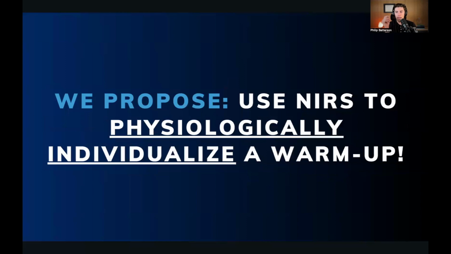So what I'm proposing here is, as opposed to using the standardized warm up, we should use NIRS to physiologically individualize a warm up. And this is something that I think is going to be a little bit challenging to implement. But if performance is our study outcome, then we want to make sure that an individual is truly warmed up so they can get the best performance out of themselves on any given day.